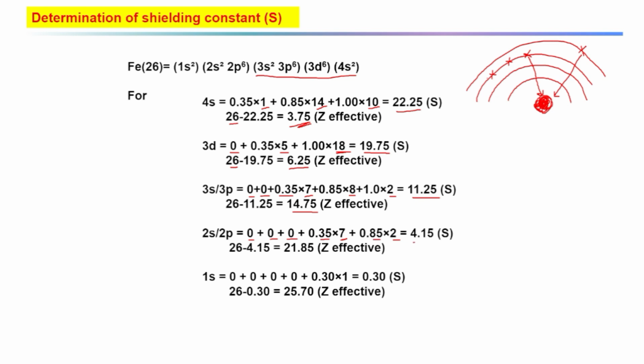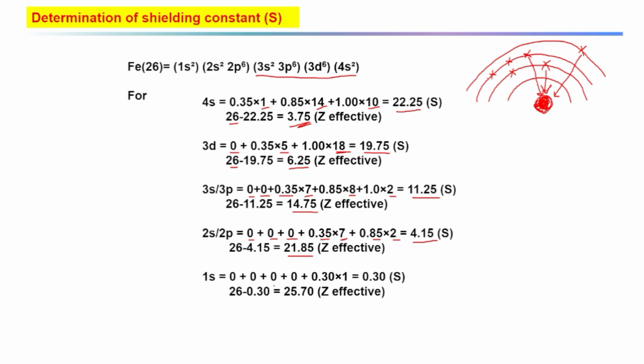So the total shielding constant is 4.15. If we calculate Z minus S, we will get 21.85. So the effective nuclear charge is 21.85 for 2s and 2p. So these 2s and 2p electrons will feel that the number of protons in the nucleus is actually 21.85. So that much attraction they will feel.